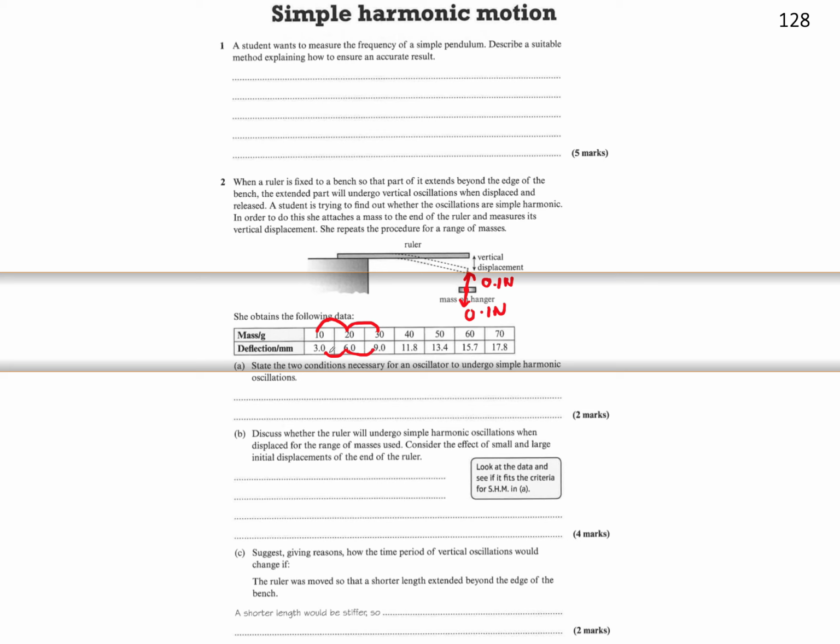So you can see that at these values here, it would undergo simple harmonic motion, because as the force increases, the distance increases, or as the distance increases, the force acting upwards increases in a directly proportional fashion. But after 30, it's no longer going up by 3, it's going up by less than 3. So at this point it would vibrate, yes, but the size of the force would not be directly proportional to the distance the ruler has been deflected by.